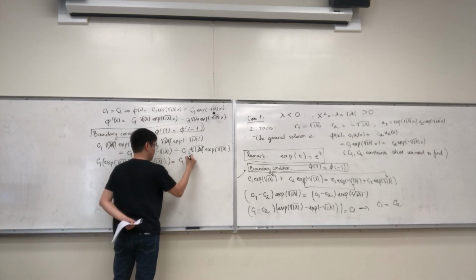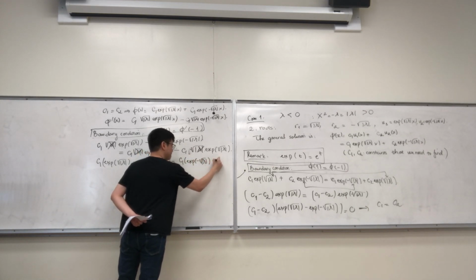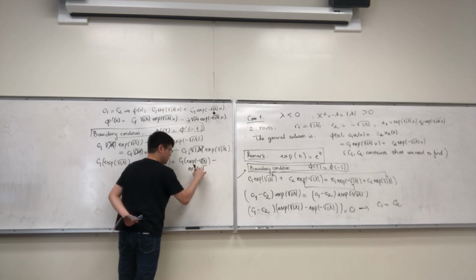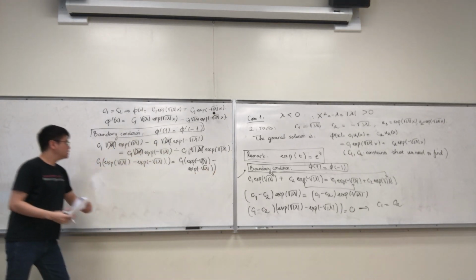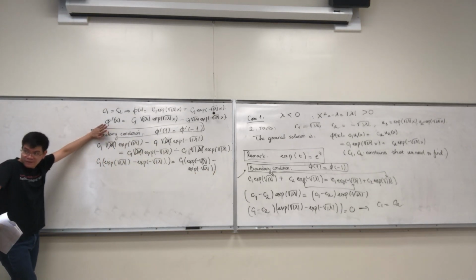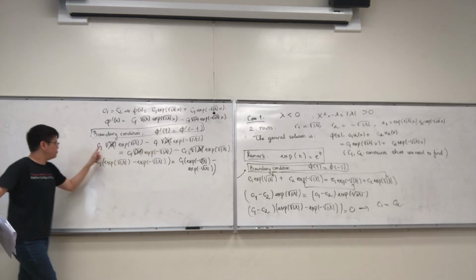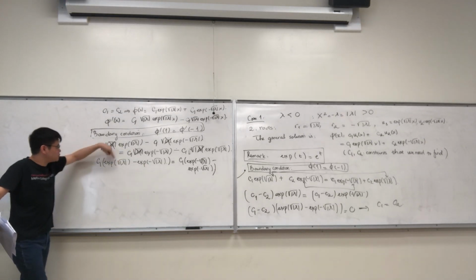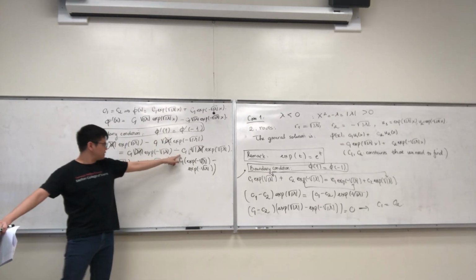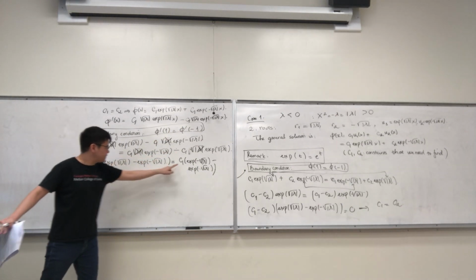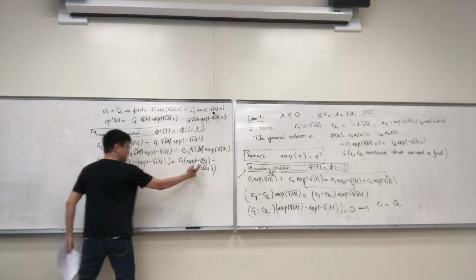On the right hand side, I do the same thing: C1 times exponential of minus square root of lambda minus exponential of square root of lambda. But this is minus the previous one.